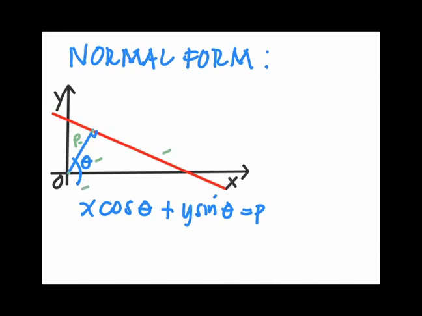We'll now derive an alternative equation for this normal form of the equation of the line. The equation that we'll be arriving at will be useful in converting the standard equation to its normal form. The standard form of the equation of a straight line is given as ax plus by is equal to c, where a, b, and c are constants.